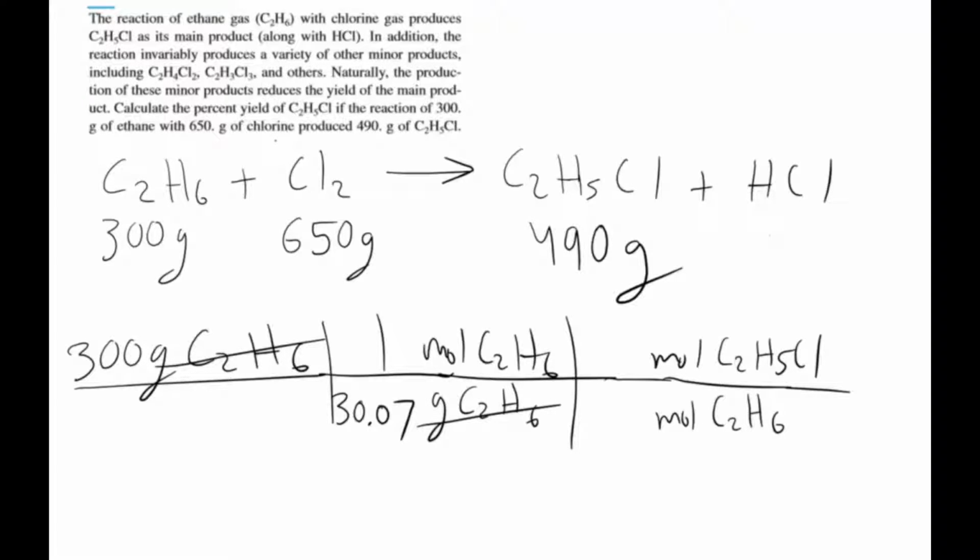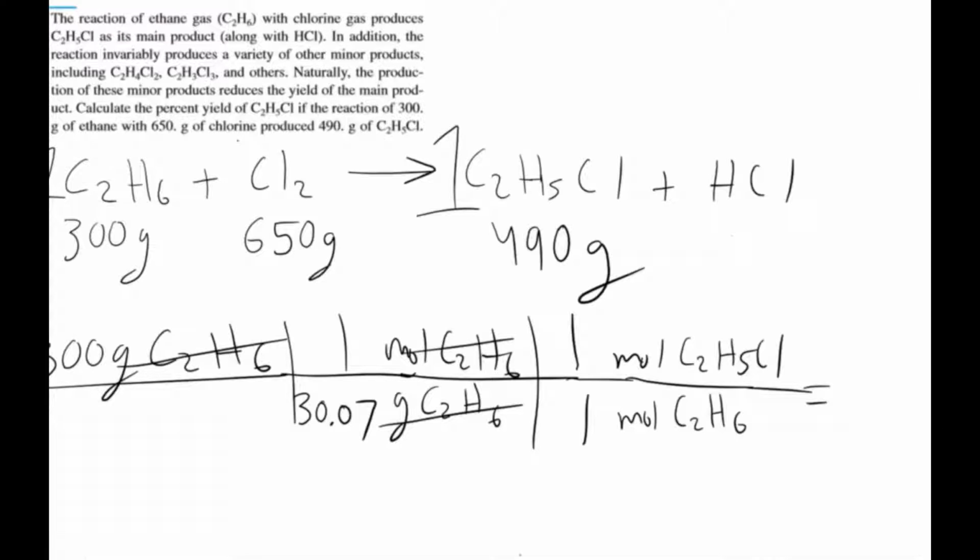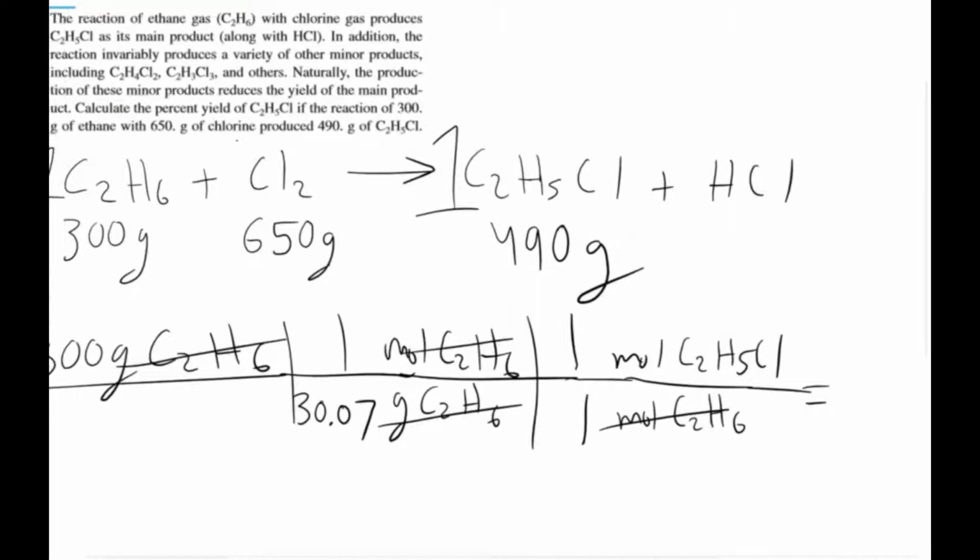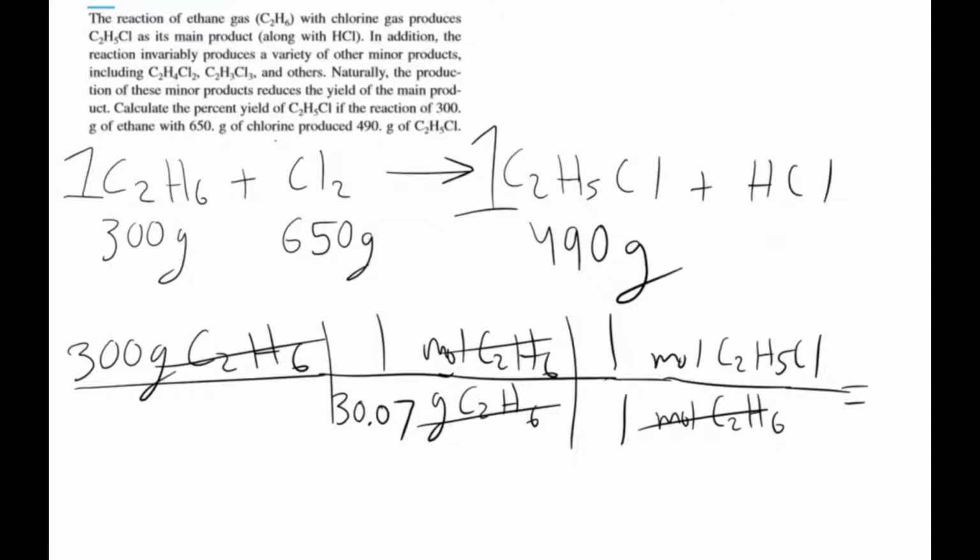And since this is in a 1:1 molar ratio, the coefficients of the balanced chemical reaction will tell us the molar ratios. Now that we've canceled out the moles of reactants, we've figured out how many moles of product would hypothetically be produced if all of the ethane reacts.